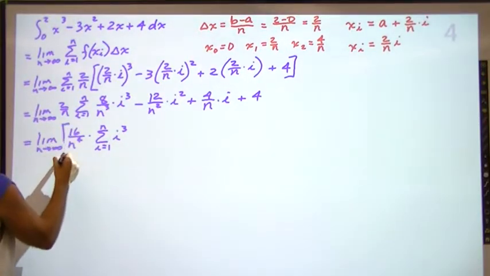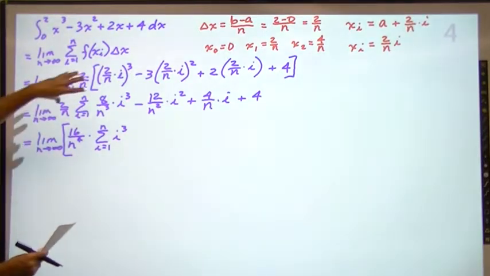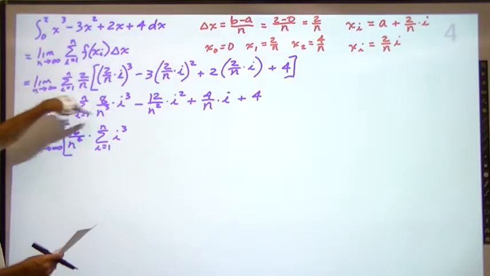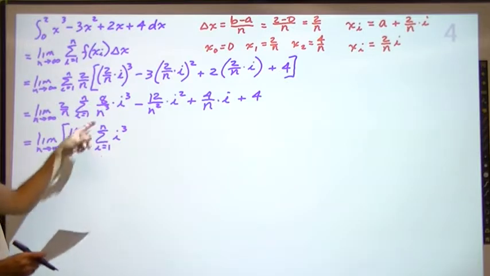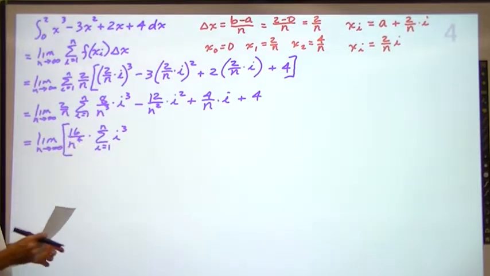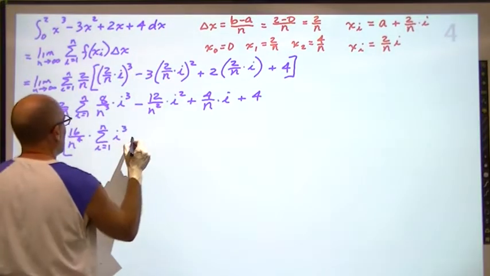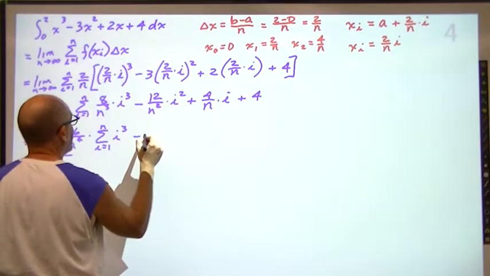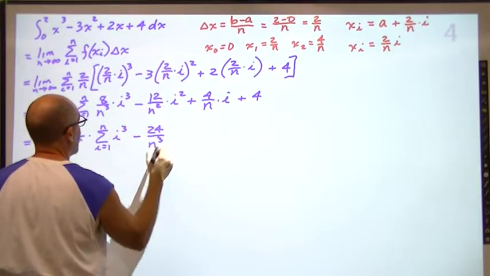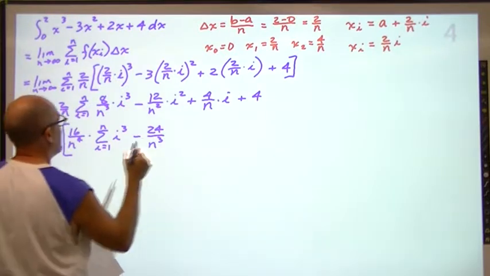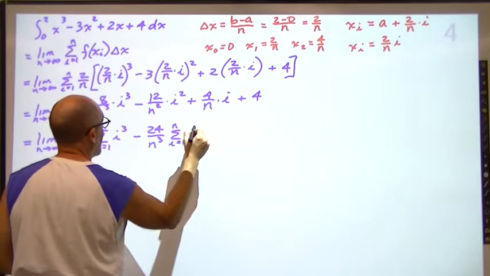And let's just make one limit here on this whole thing. Notice this first chunk is 16 over n to the fourth times summation from i equals 1 to n of i cubed. Now, what's next? 2 times 12 is going to be a minus 24 over n cubed times the summation from i equals 1 to n of i squared.